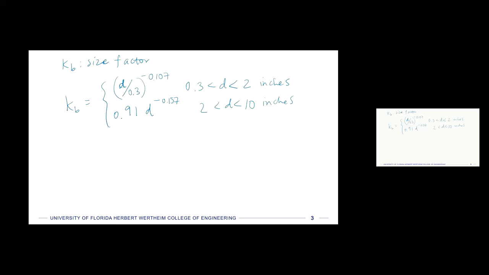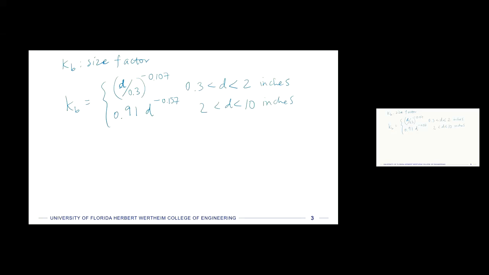And so we could plot this, but it's just an approximation. These typically fall also between 0.6 and 1. So if you want to keep the endurance limit higher, keep the shaft size below 2 inches.